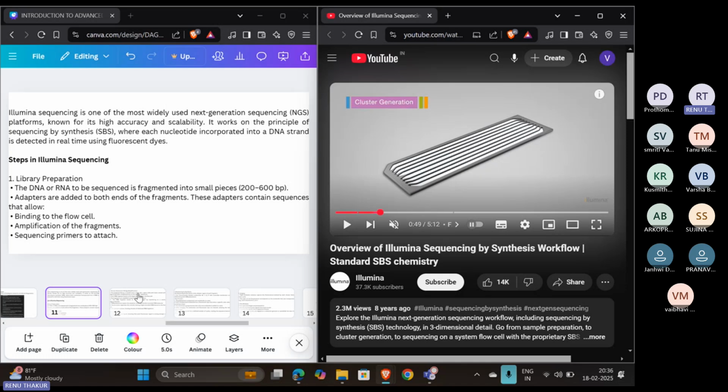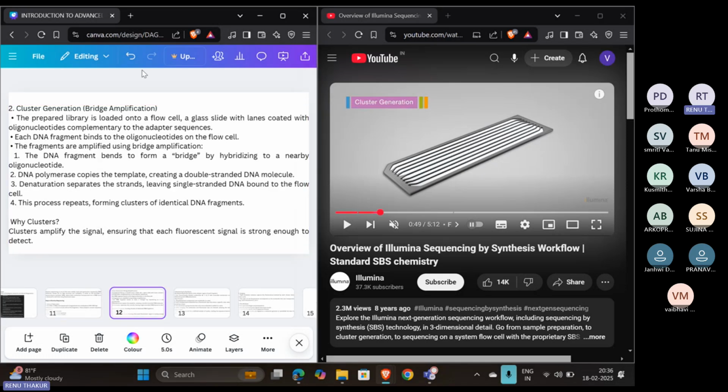The next step is cluster generation, which is also called bridge amplification. The prepared library of fragments, which we have ligated with adapters on both ends, is loaded onto a flow cell. This is how a flow cell looks. It is a glass slide with lanes coated with oligonucleotides, which are complementary to the adapter sequences.